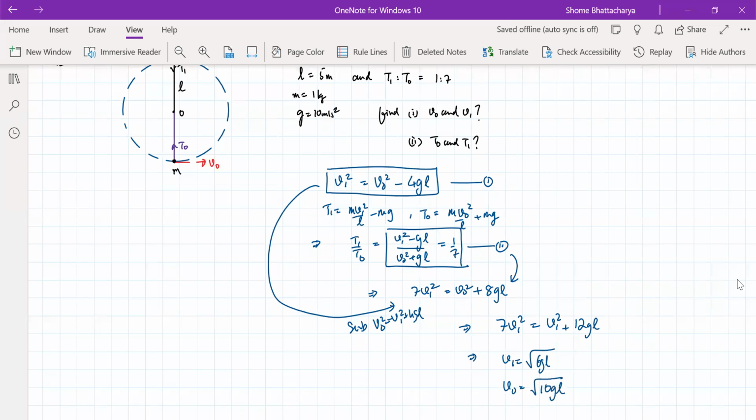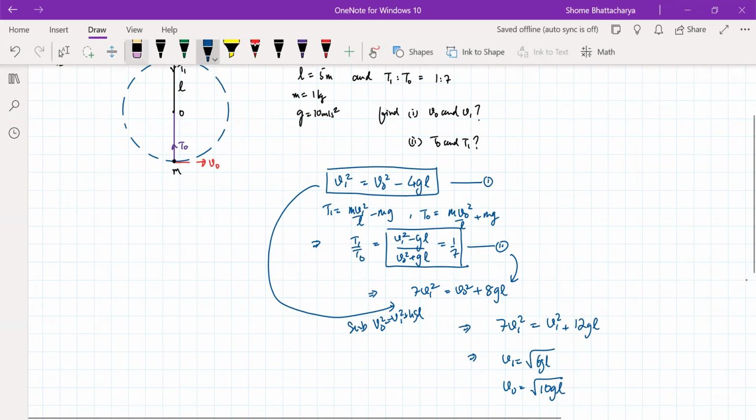So root 2 and root 6, right? This is becoming 10 meters per second.